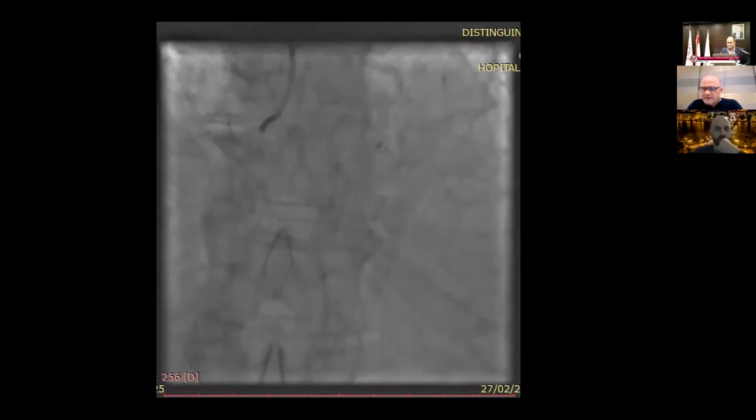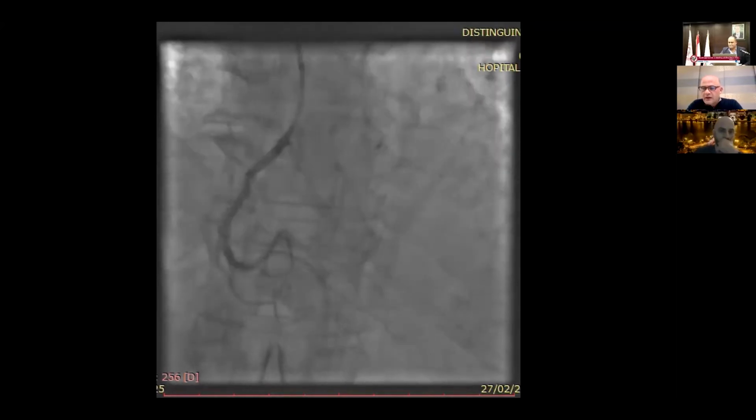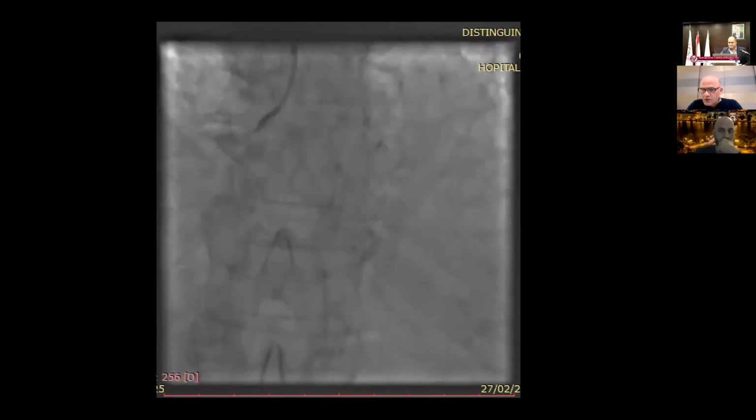I advise in this situation, if someone is not an experienced operator and has no rotablator at hand, not to cope with this artery, because I think the situation will be worse concerning his hemodynamics. Would you approve this or not?